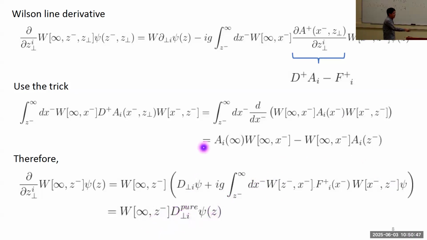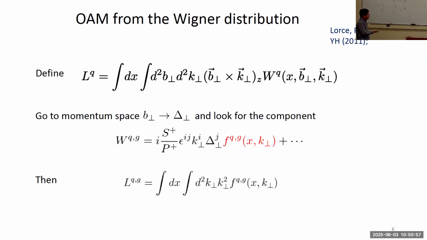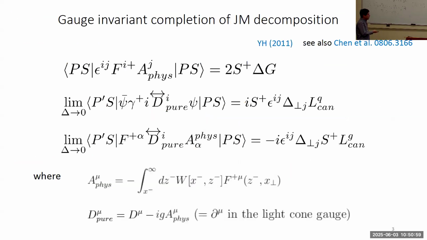So this is the origin of this strange covariant derivative, and that would ultimately give you the gauge invariant version of the orbital angular momentum that I showed you here. And you can do a similar thing for the gluon orbital angular momentum. So that's the origin of this funny expression. But this is how it is.